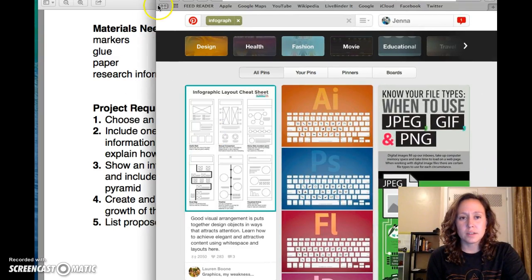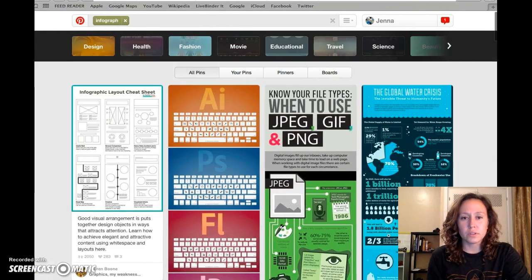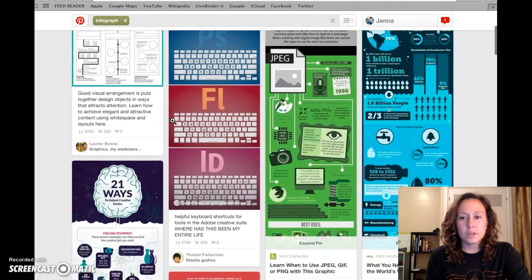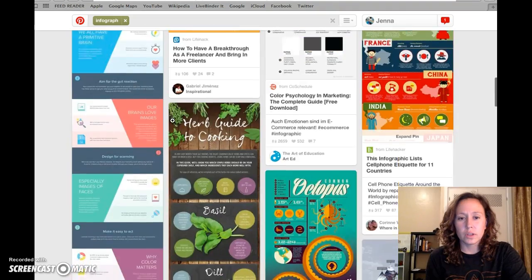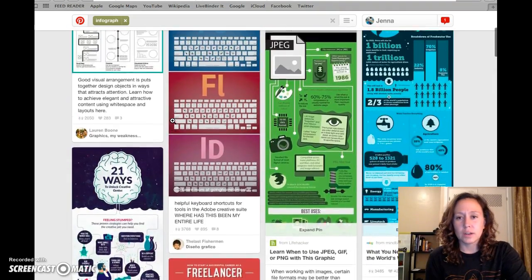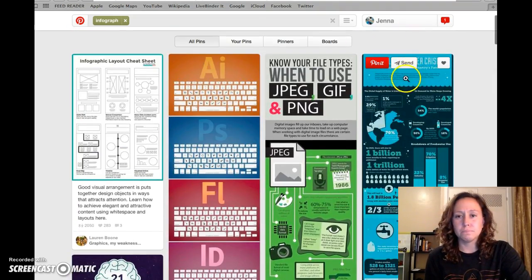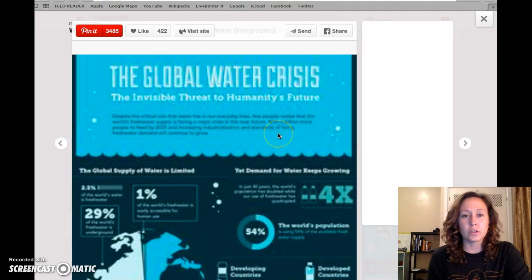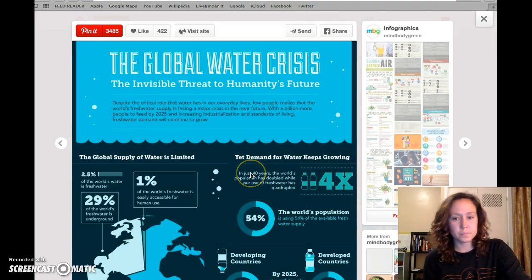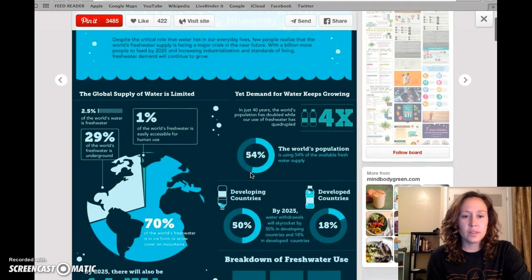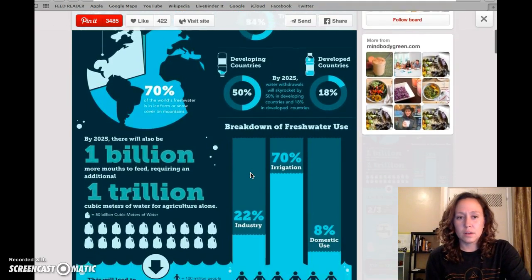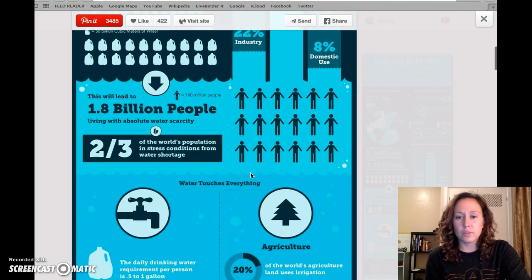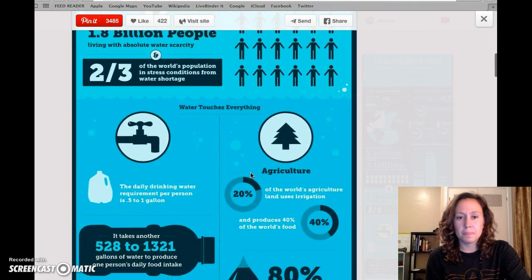So here's some ideas that I just pulled off of Pinterest. So the idea of an infograph, for example, this one right here, is an infograph that talks about the global water crisis. And so notice that there is lots of data and statistics that support whatever the author is trying to say.